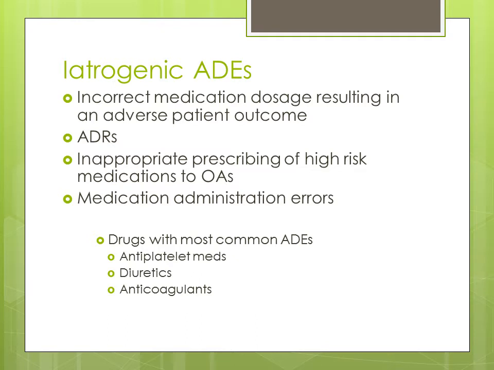An example of an antiplatelet medication would be clopidogrel or persantine, and examples of anticoagulants would include heparin and warfarin. These medications, when older adults are on them, require very astute monitoring of the dosing and the monitoring of the efficacy of these meds to prevent ADEs.